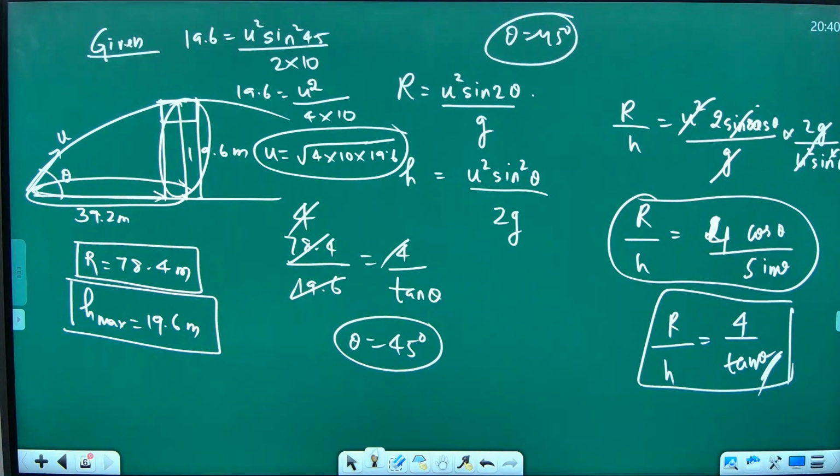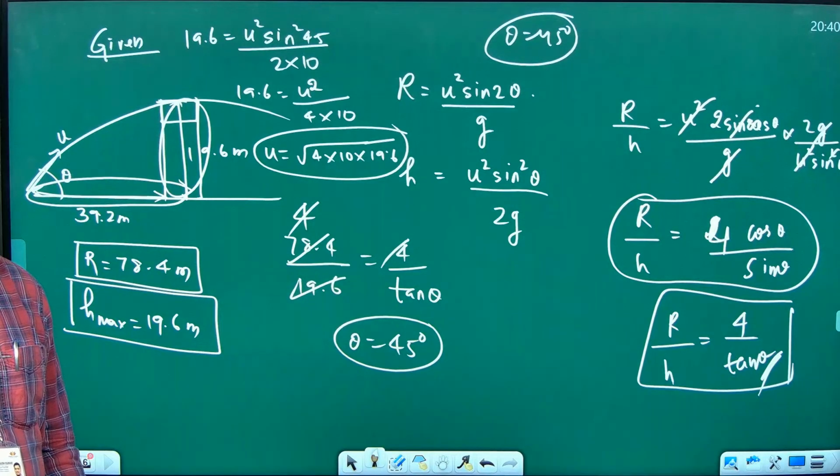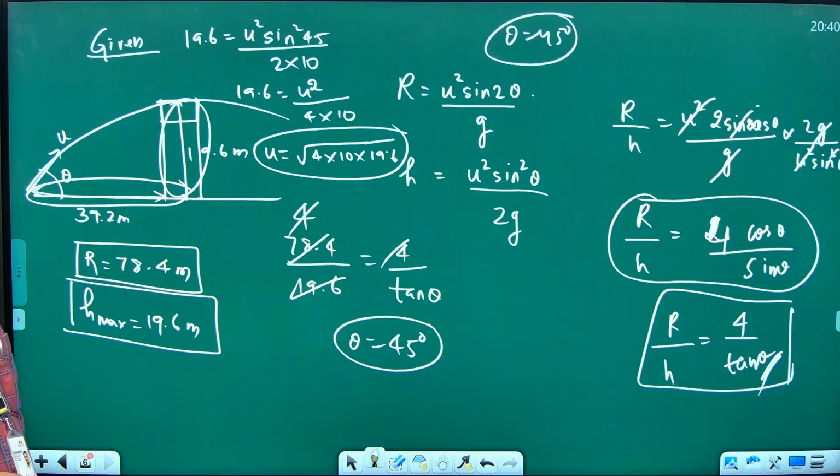Correct only. Question on 32 meter building height and... They told that the boy is standing 39.2 meter away from the building, not above the building. Yes, but read the question now. 32 and 39.2 meter from the building, not above the building, right?